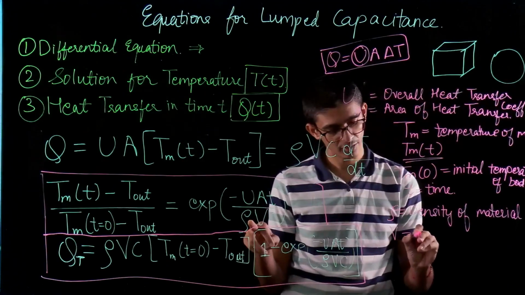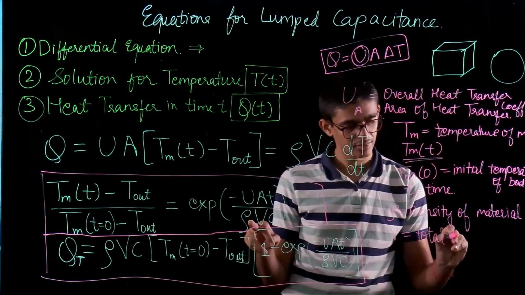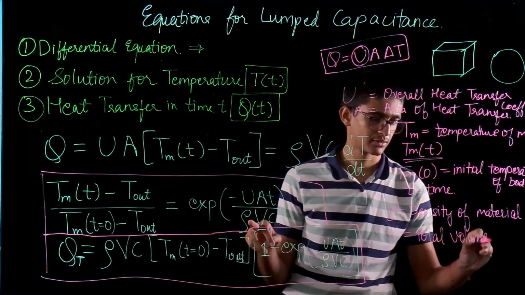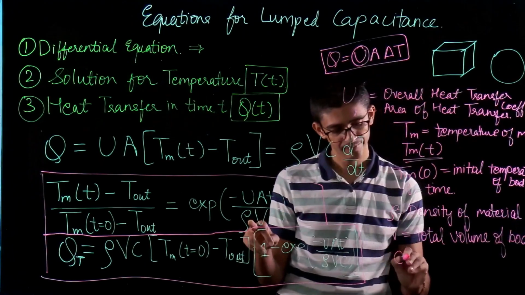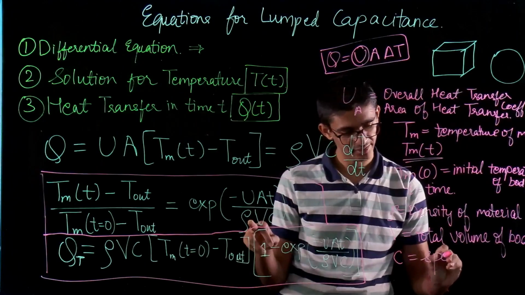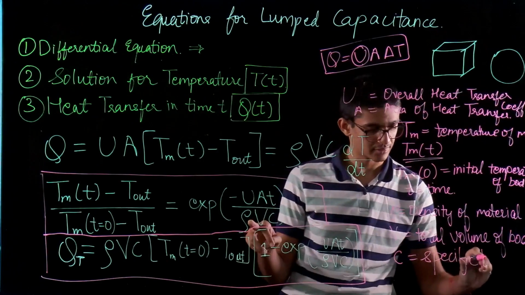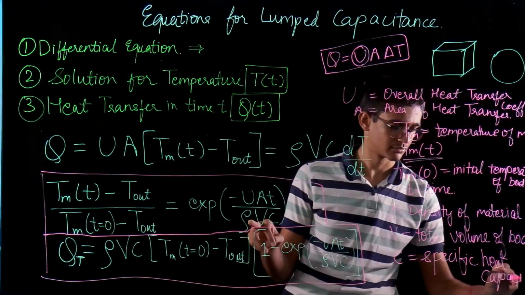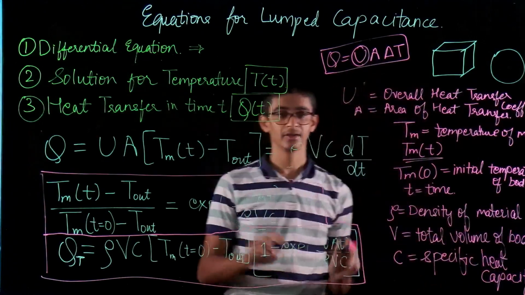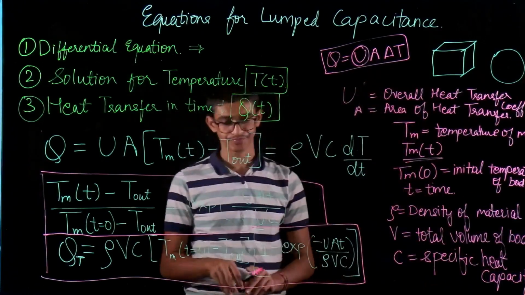V is the total volume of the body. C is the specific heat capacity. So I think everything is clear to you.